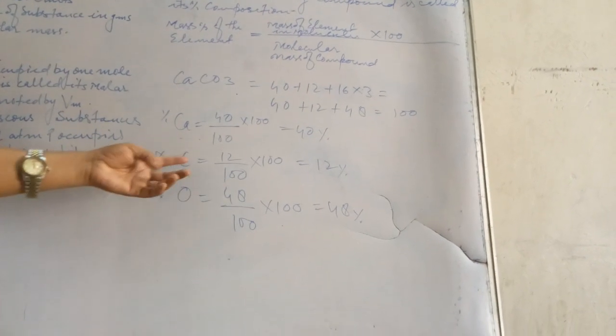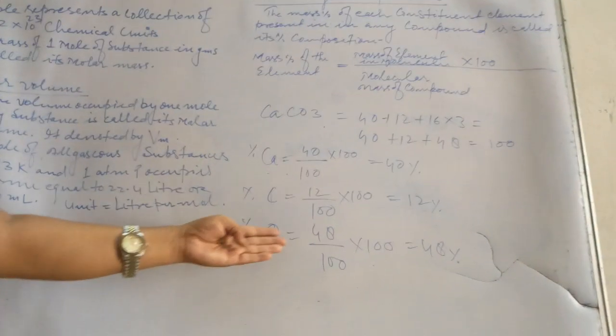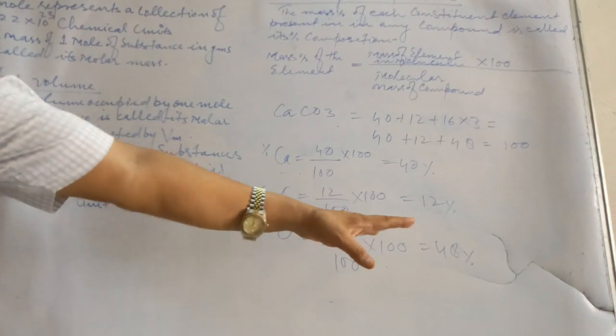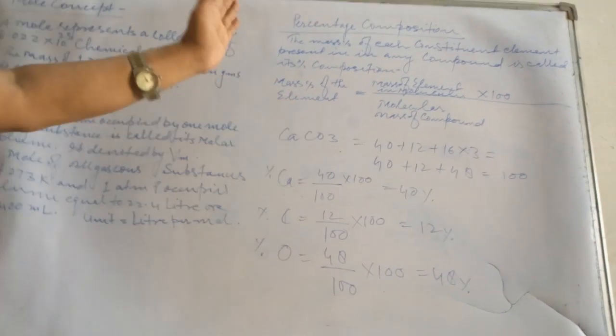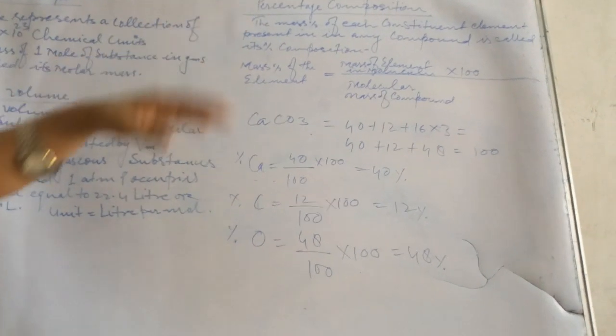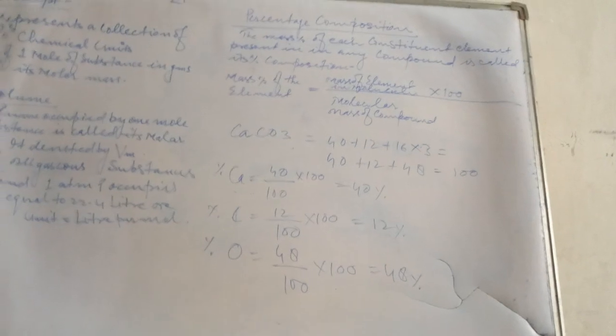Mass percentage of carbon, 12 by 100 into 100, 100 cancel out, goes to 12%. And oxygen, 48 by 100 into 100, and that is 48%. So this is the simplest example to explain percentage composition.